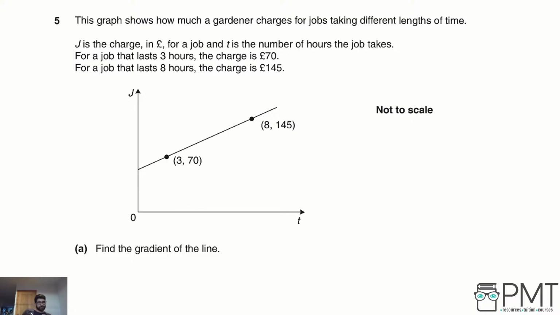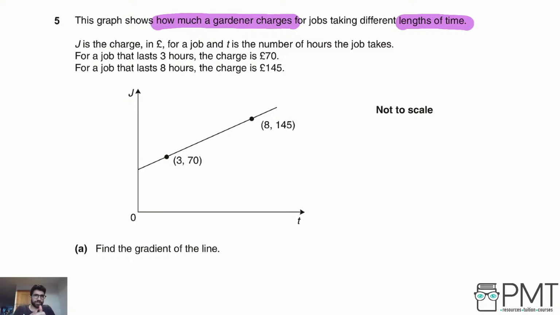This is question 5 about the gradient. Let's read and get the information we are told in the question. It's about how much a gardener charges for jobs taking different lengths of time. So what we can see here is that it's applied in a context.